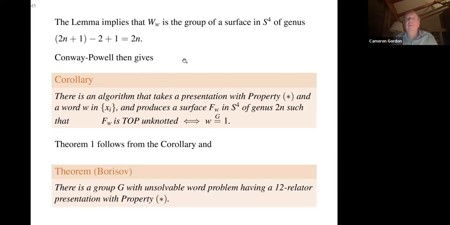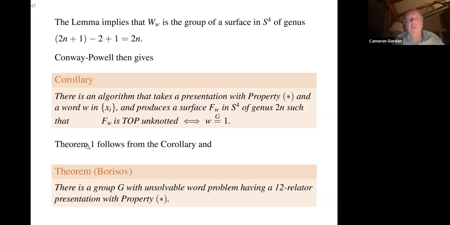And of course, for the record, if you want to present a group with unsolvable word problem, the number of generators isn't important, but the number of relators is, and the smallest number that's been realized is due to Borisov. He showed a group with unsolvable word problem with a 12-relator presentation. And it turns out to have this property star, which was why I used it. So we can use it, okay.